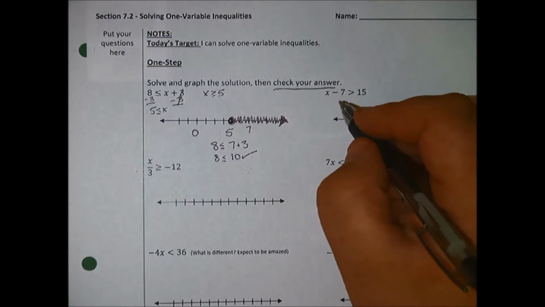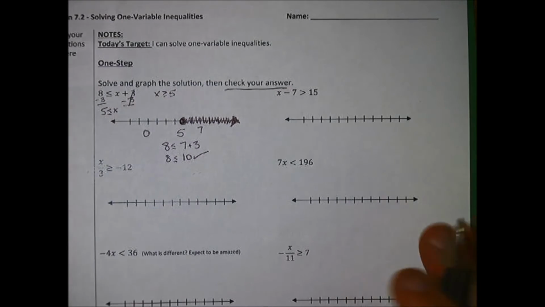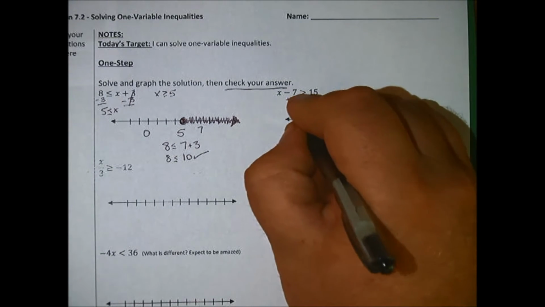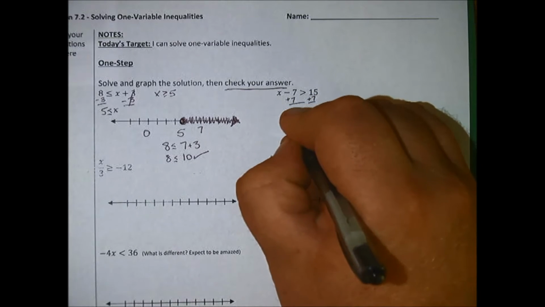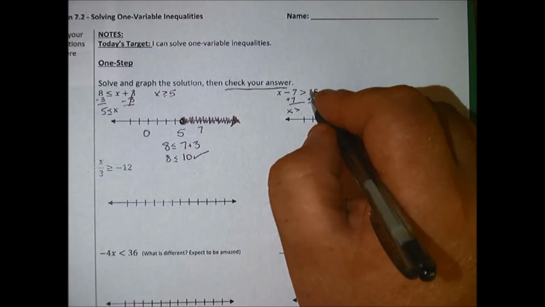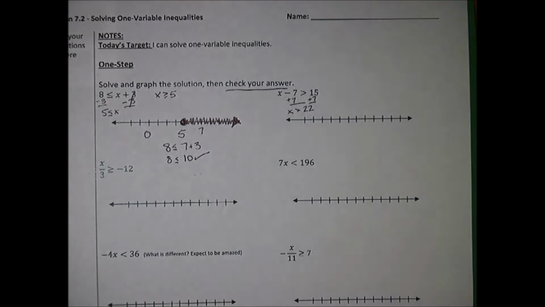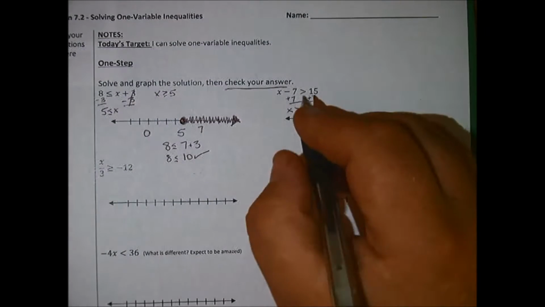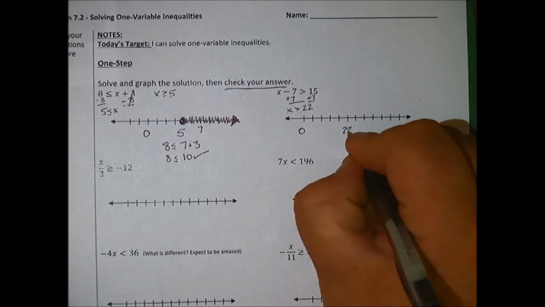Let's go with the next one. All right, I have x minus 7 is greater than 15. So I want to add 7 to both sides. And it says that x is greater than 15 plus 7, which is 22. Now, let's start off by graphing this. Let's just say that I have 0 over here somewhere and maybe 22 right there.